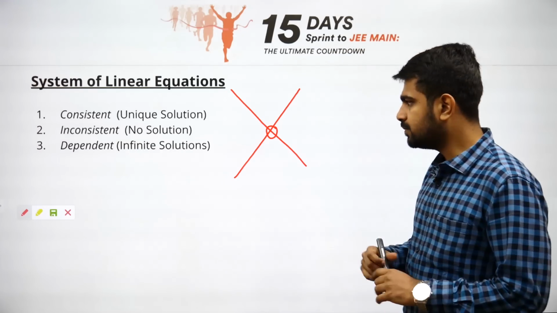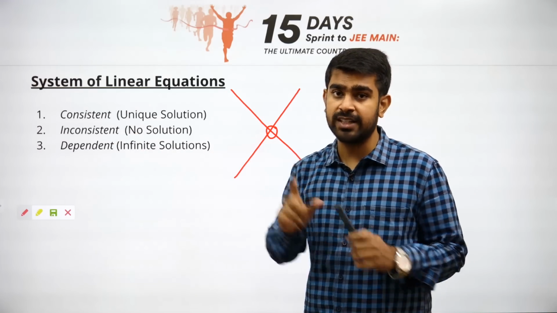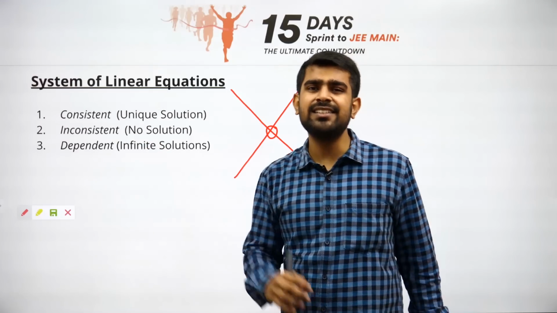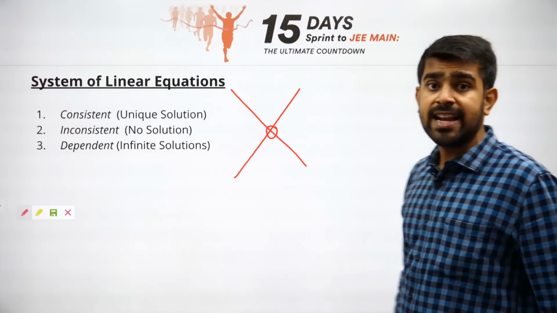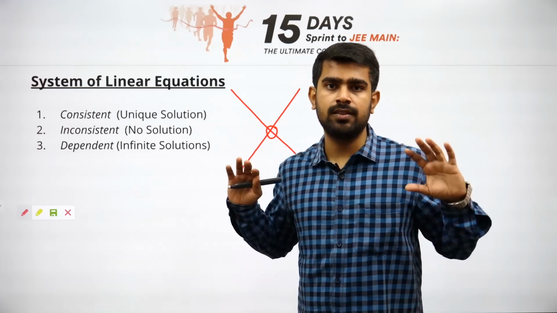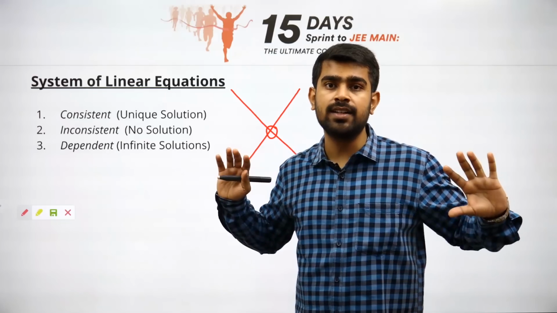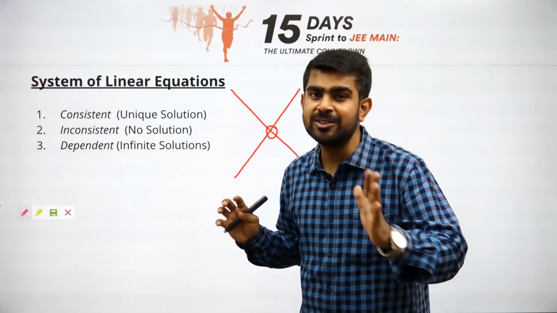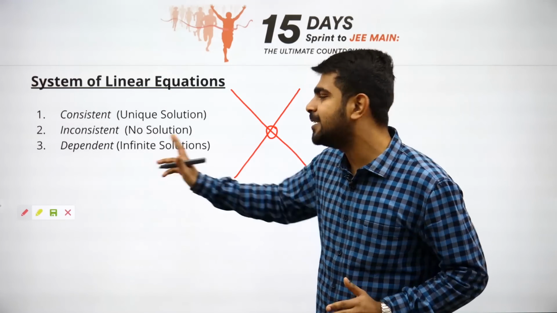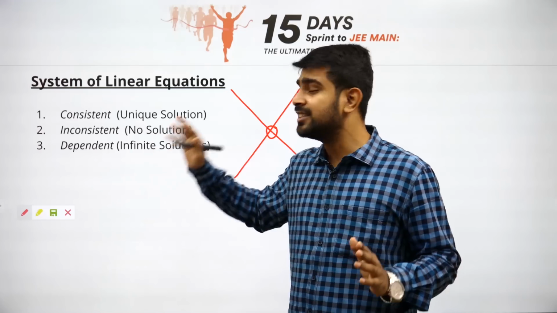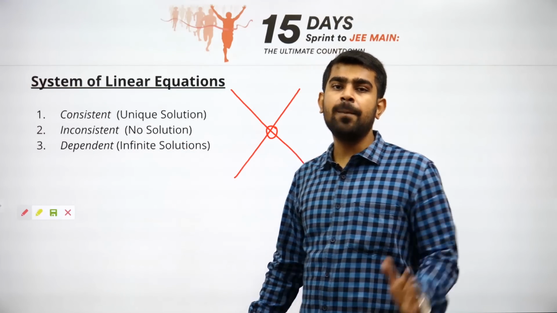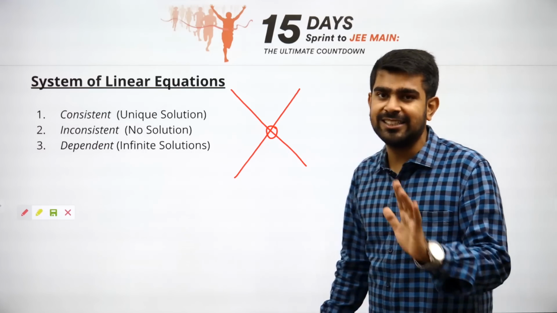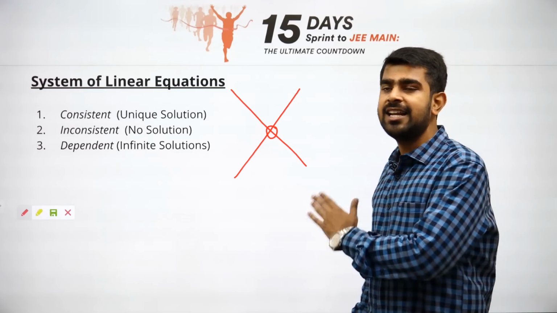Okay. Now, coming to inconsistent solution. Inconsistent, as you can see, is defined directly as no solution. I don't have any solution to that. What is an example? I am sure most of you must be knowing this. The example for an inconsistent solution or inconsistent system is going to be a pair of parallel lines.